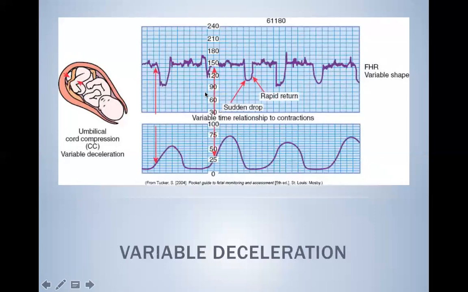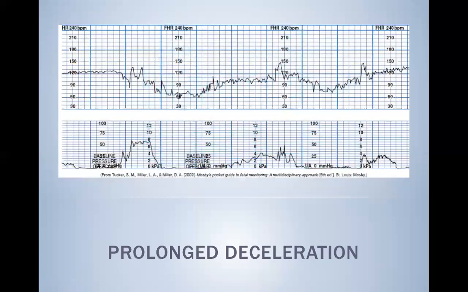If we see it just episodically throughout, randomly not associated with a contraction, then it's probably just that the baby got tangled up in its cord or grabbed its cord or was in a funky position for a minute. So moving mom is really going to help with these variable decels.